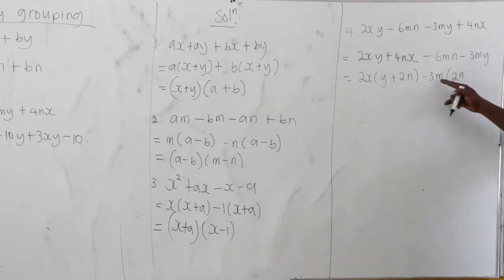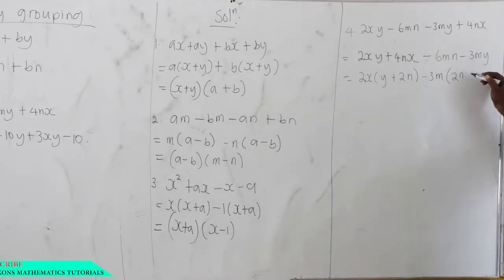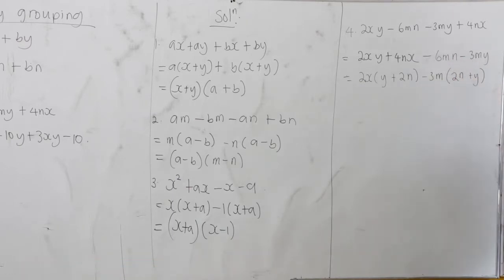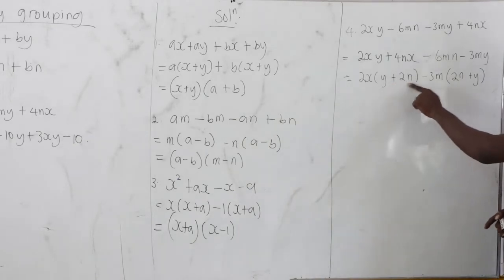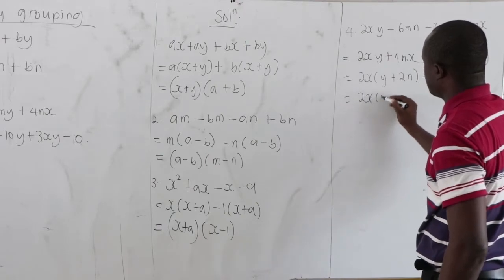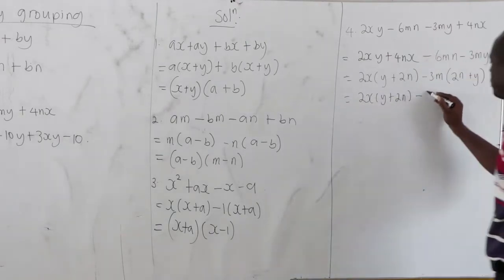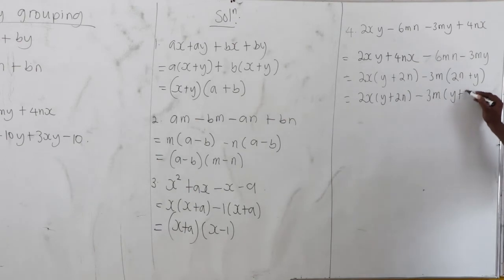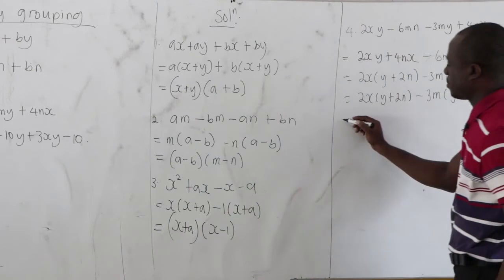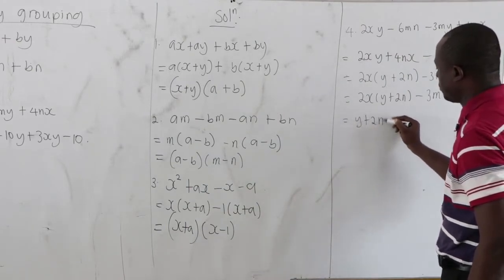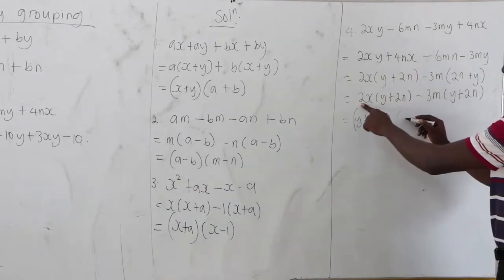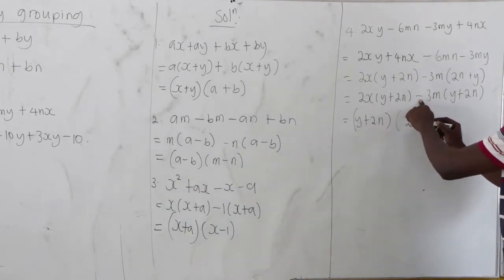Now here 3m is gone, so I have plus y. Now we should know that y plus 2n is the same as 2n plus y. So we can rewrite this as 2x(y plus 2n) minus 3m(y plus 2n). Y plus 2n are the same, so we factorize it out. Now what do I have here? The remaining is 2x minus 3m.